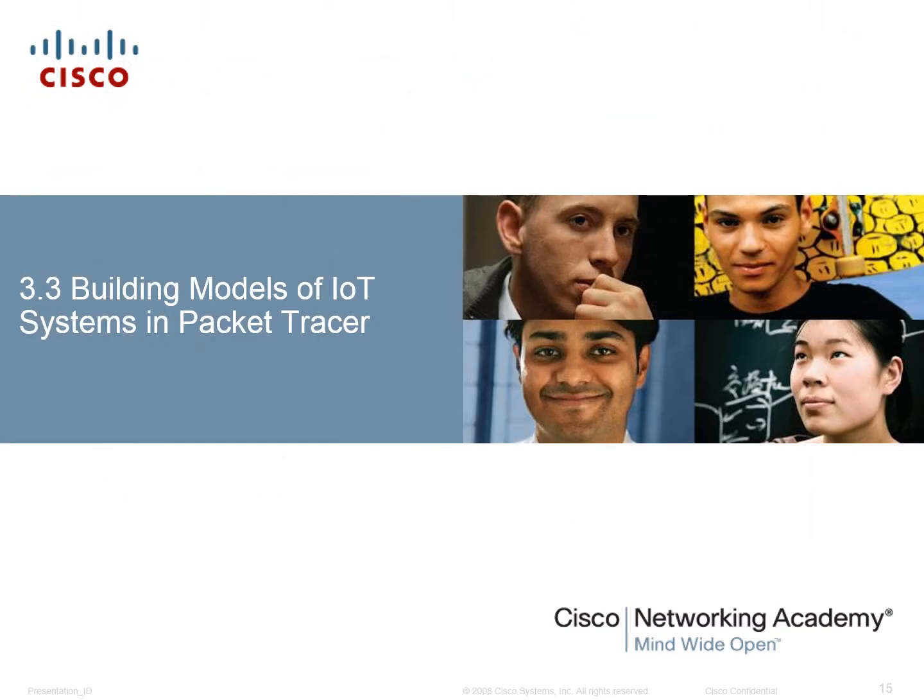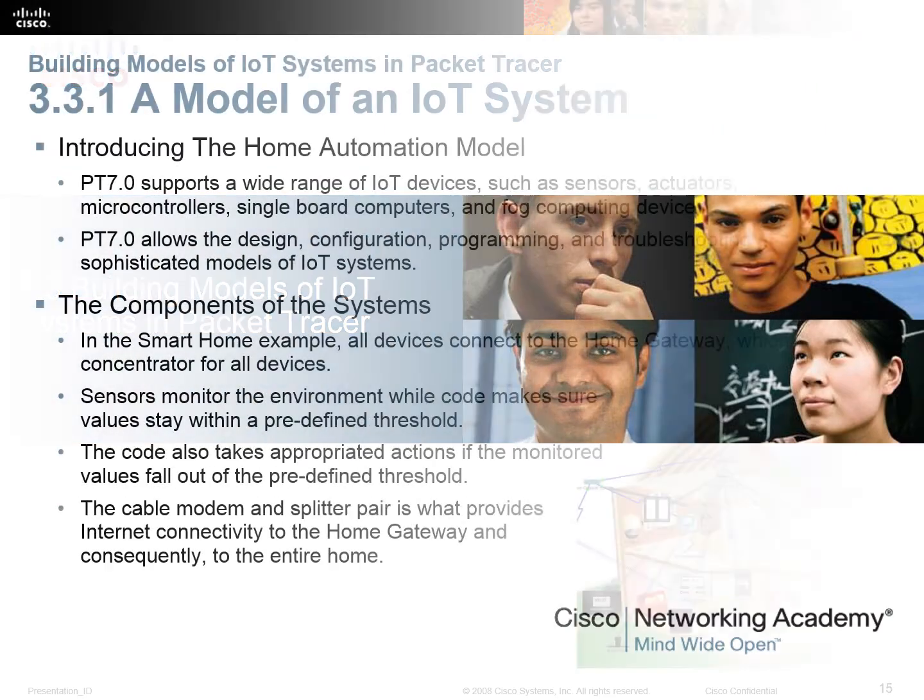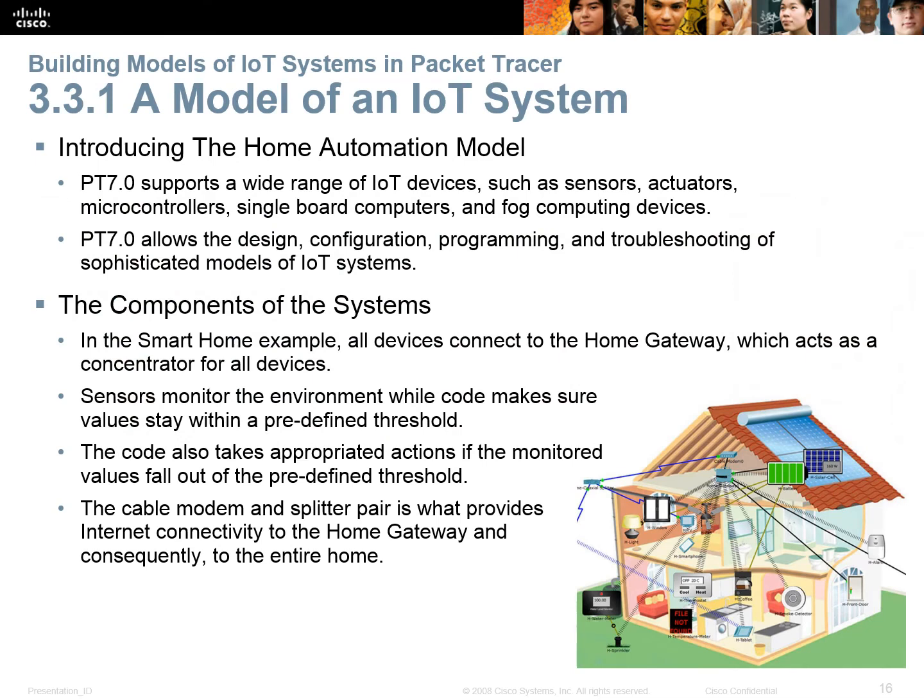Building models of IoT systems in Packet Tracer. Packet Tracer is not only a powerful tool for modeling, simulating, and testing network environments, it can do the same also for IoT solutions. The new version, Packet Tracer 7.0, introduces support for a number of IoT devices and functionalities that make it possible to design and build a complete IoT solution.